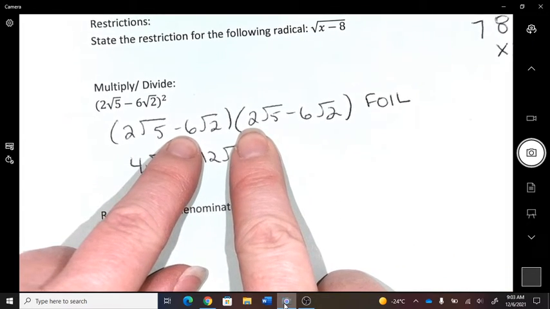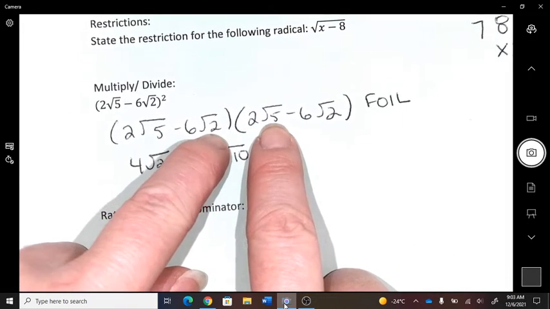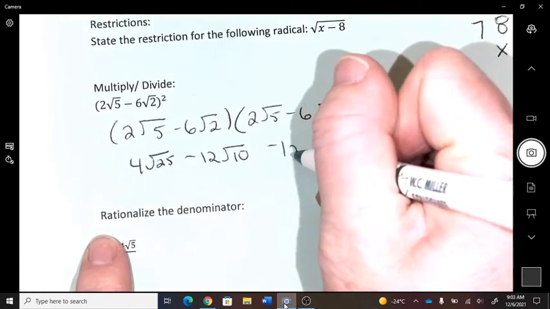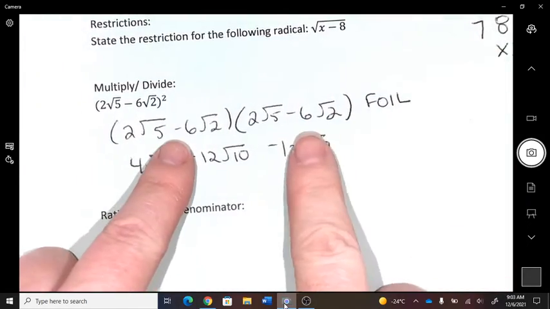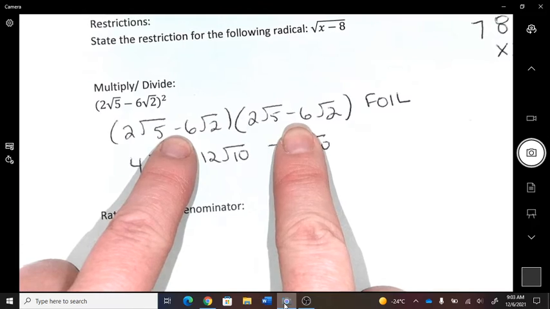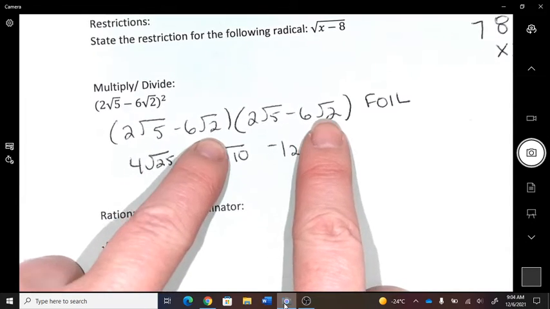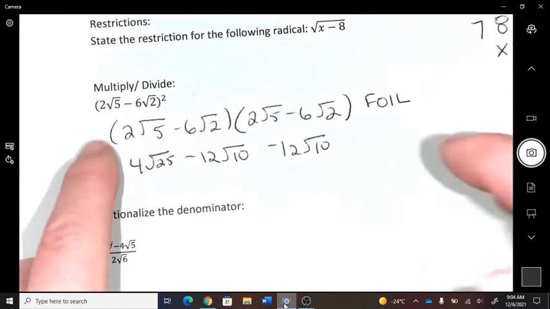Insides, negative 12 root 10. Last, plus 36 root 4.